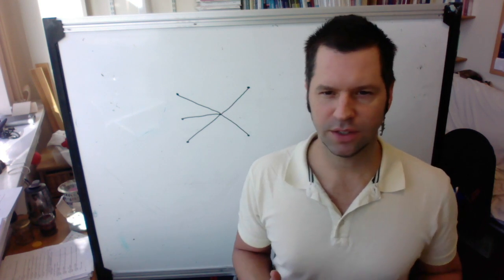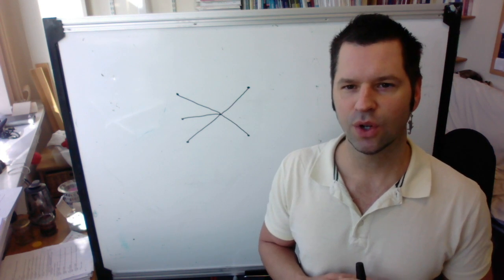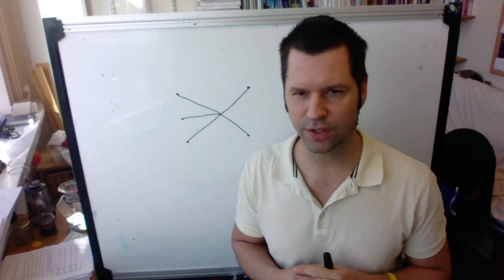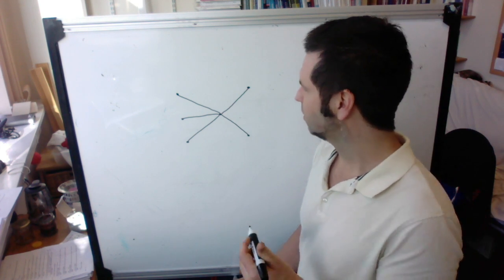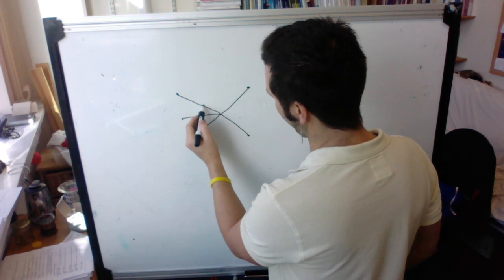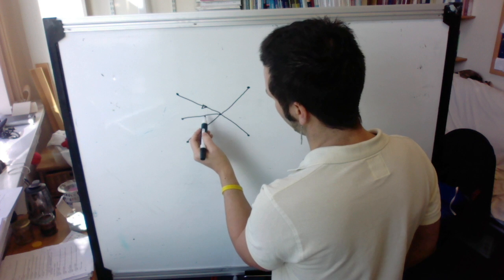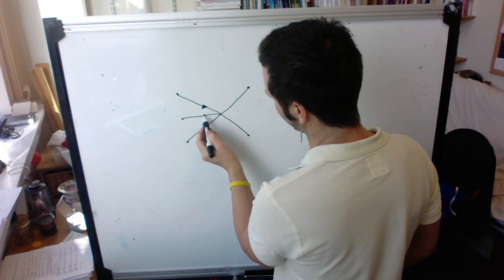So just to make it a little bit more intuitive, we're going to turn it into something called a directed graph, where we're going to give the edges a direction. So I'm going to draw arrows on the edges like this.